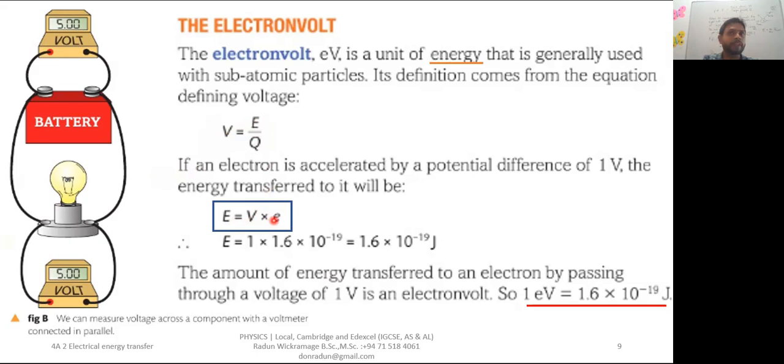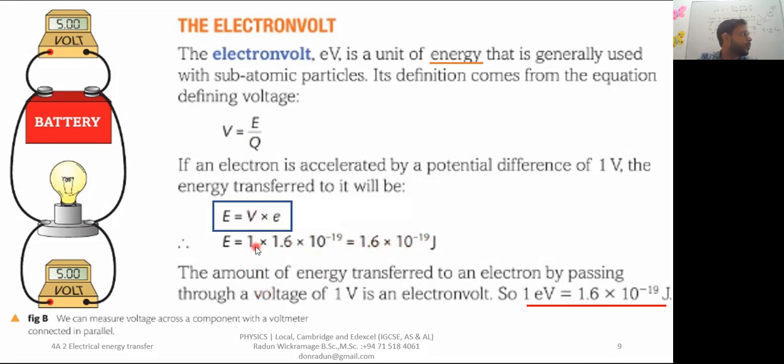But in this case, we don't consider which direction it is moving, and the sign of the charge is useless, because energy is just a scalar quantity. So we will just take the charge only without the sign, 1.6 times 10 to the power minus 19, and voltage is 1. Then the electron will transfer a certain amount of energy, which is called 1 electron volt, which equals 1.6 times 10 to the power minus 19 joules.